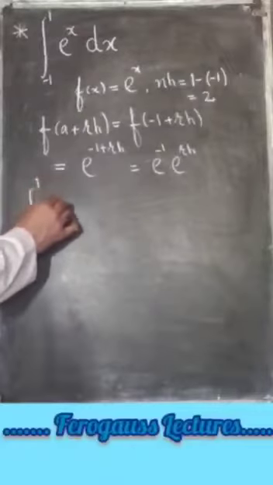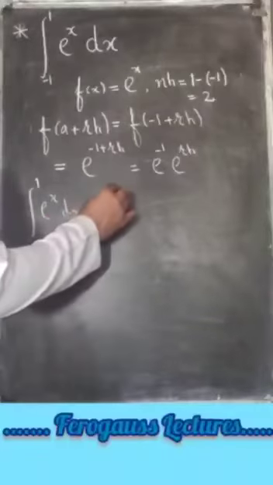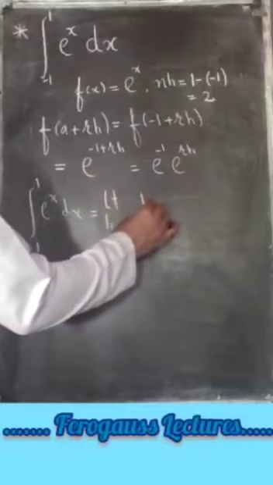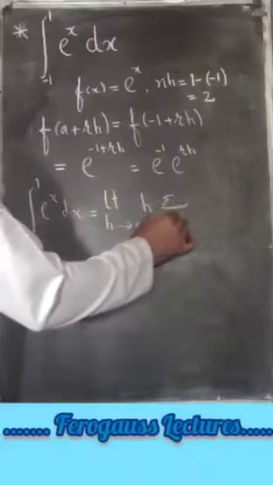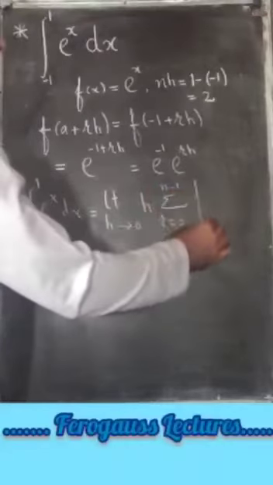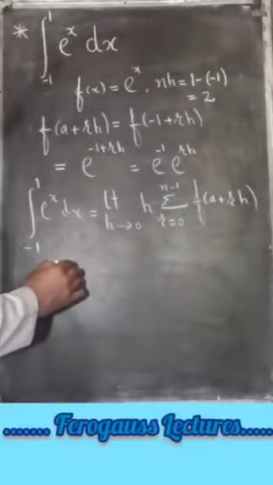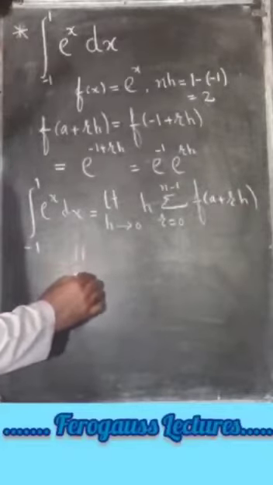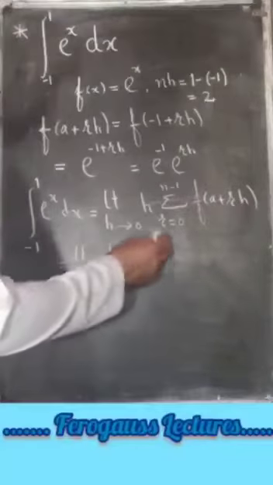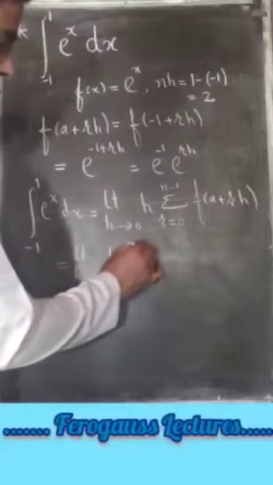to plus 1 e raised to power x dx is equal to limit h tends to 0 h times summation r running from 0 to n minus 1 f of a plus rh, that is equal to limit h tends to 0 h times summation r running from 0 to n minus 1.